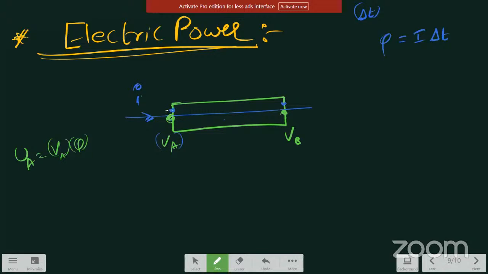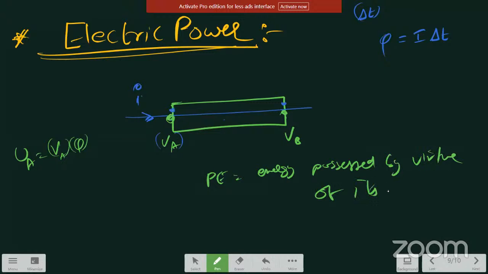Hear me very carefully. Potential energy is the energy possessed by virtue of its position. As soon as the charge is brought here, it gains some energy.